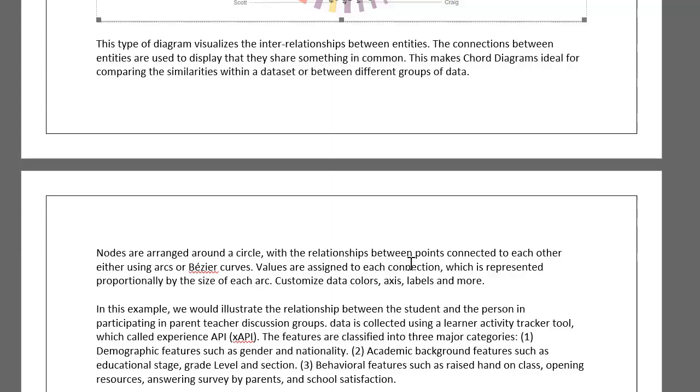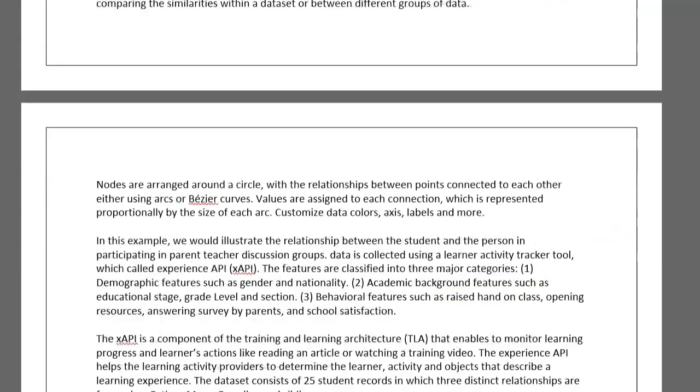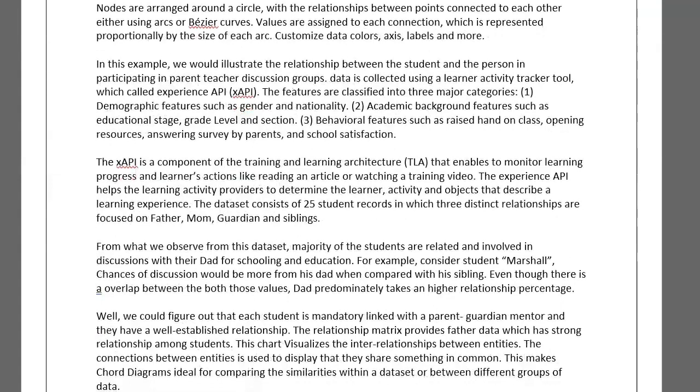So this graph chart was derived from that tool. To tell more about the data set, this data set was obtained from the experience API. It has the gender, nationality, academic background, and grade level, but the majority of these columns we are not using.